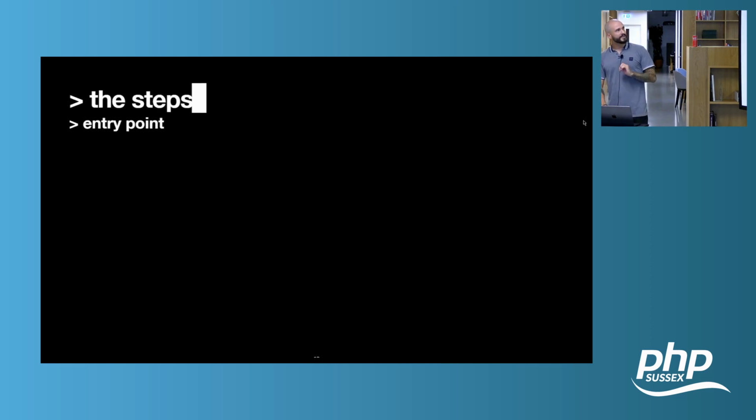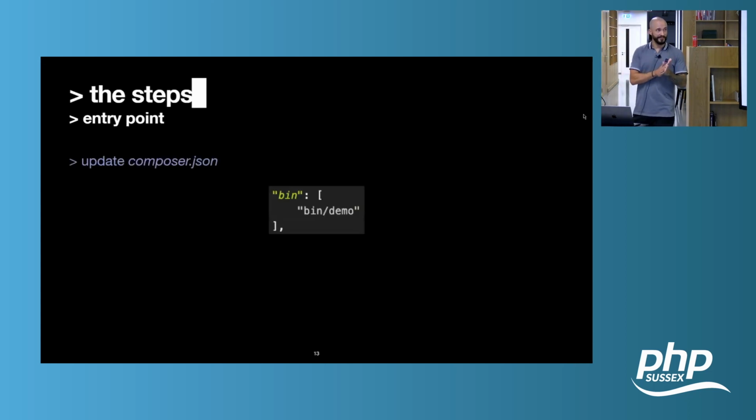But that's not all for the entry point, actually, because in order for Composer to know that it's a binary file, we need to tell Composer that it is a binary file. And we do that by updating composer.json, and we need to add this section to it. So this is basically telling Composer, hey, this is a binary file. And what that does really is that once you install the application globally on your computer, for instance, Composer will sort of promote this file as a globally available executable.